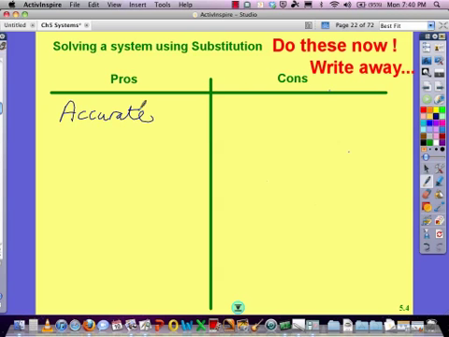But now for some of you, it's a little confusing. And if it's not confusing, some of you would say it's a long process. So substitution, accurate, definitely is. Cons, again, would be that it's not visual.